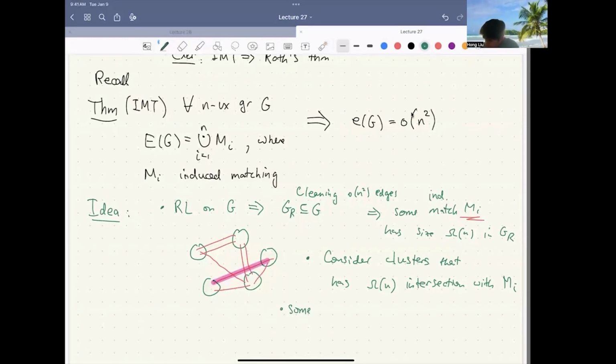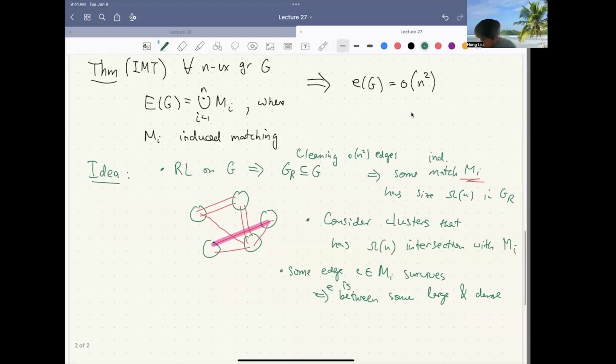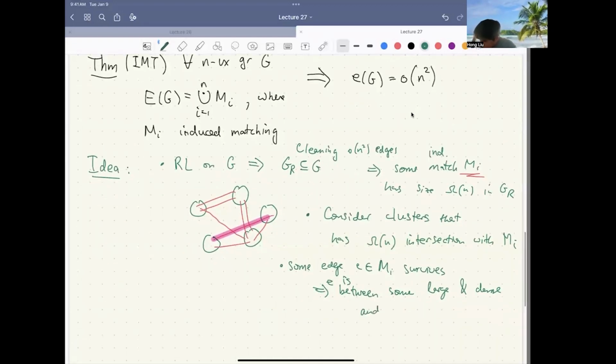Some edge e in Mi survives, which is between some large, dense and regular pair of large subsets.